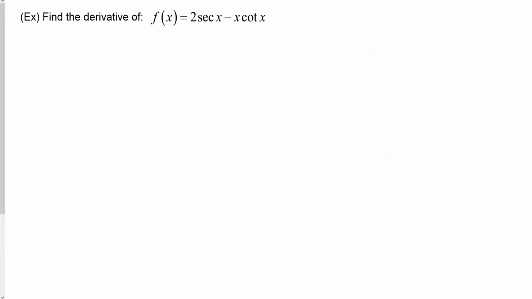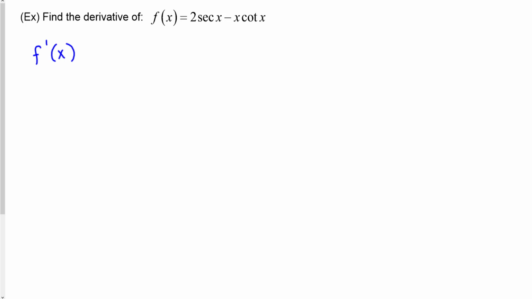And let's take a look at a derivative here. Let's find the derivative of f of x equals 2 secant x minus x times the cotangent of x. So the derivative here, I can split things up about that minus.